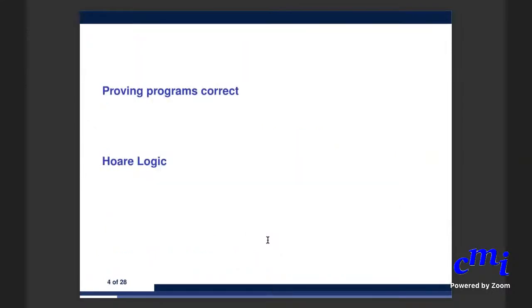So what we'll be doing is first introducing the notion of what it means for programs to be correct, and then look at Hoare Logic. We've already seen some aspects and concepts that we'll be using here, since you're already working on CBMC.